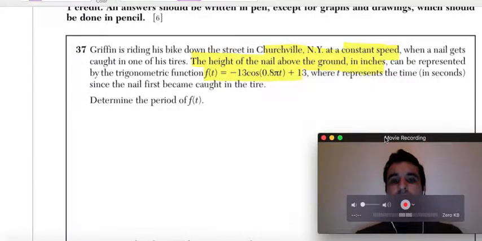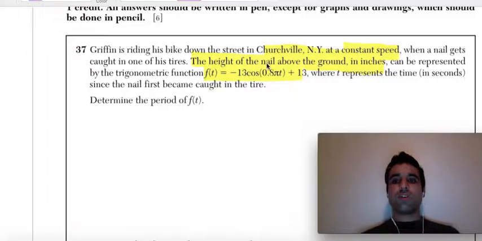So f of t is the height of the nail above the ground in inches, basically the height of that point on the tire where the nail got stuck, and t is the time in seconds since the nail got caught in the tire.